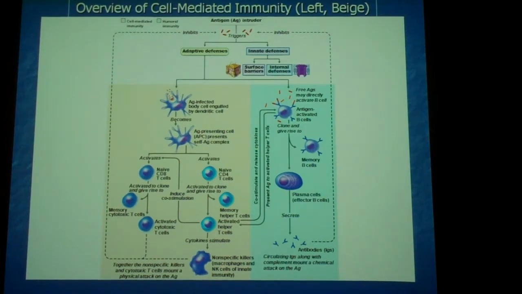Nonspecific inflammation is stimulated. Now you can see here that this arrow from these helper T cells is also pointing over here onto the antibody-mediated side. We'll talk about that later. Helper T cells help both cell-mediated and humoral immunity. Very important. Helper T cells.